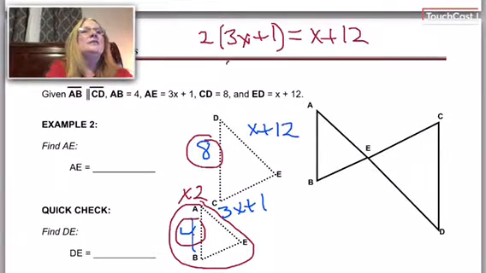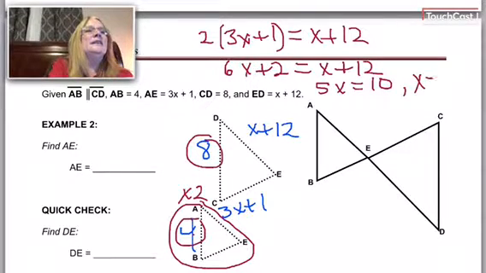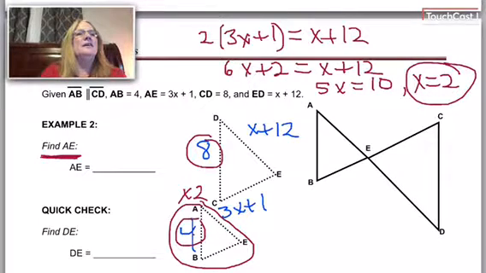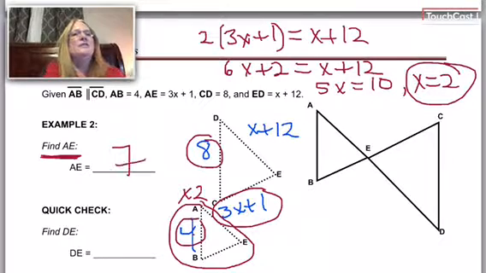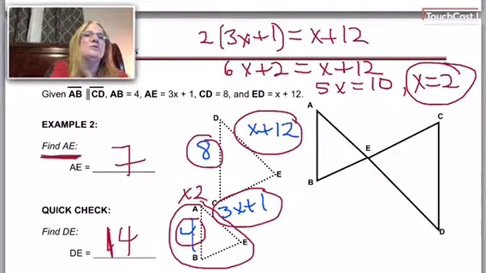And then you would get 6x plus 2 is equal to x plus 12. 5x is equal to 10. And x is equal to 2. Now they ask for AE, and so just substitute 2 in here and you get 7. And then for DE, substitute 2 in here and you get 14. And you can see that 7 times 2 is 14.